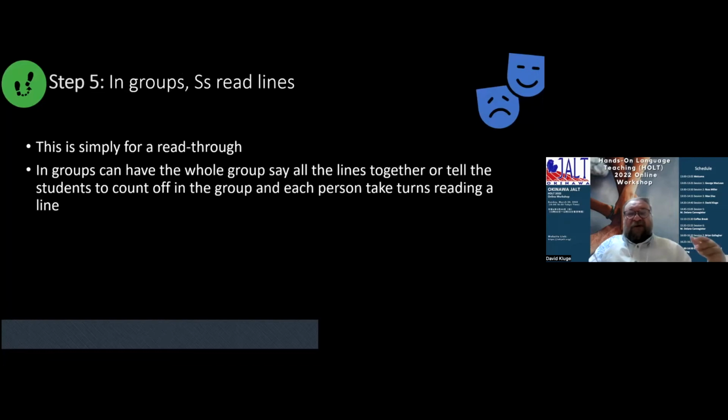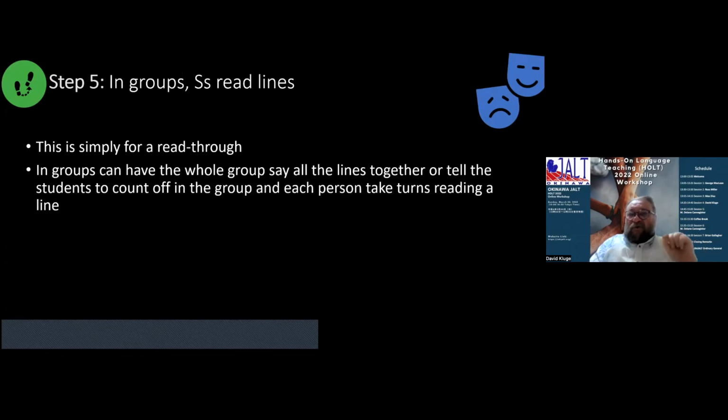Step 5, in groups, the students read the lines. This is simply for a read-through. They've listened to it, by native speakers of English. Now it's a chance for them to see what it's going to be like when they read it. It's a simple read-through. It doesn't have to be the way it's going to sound in the performance.